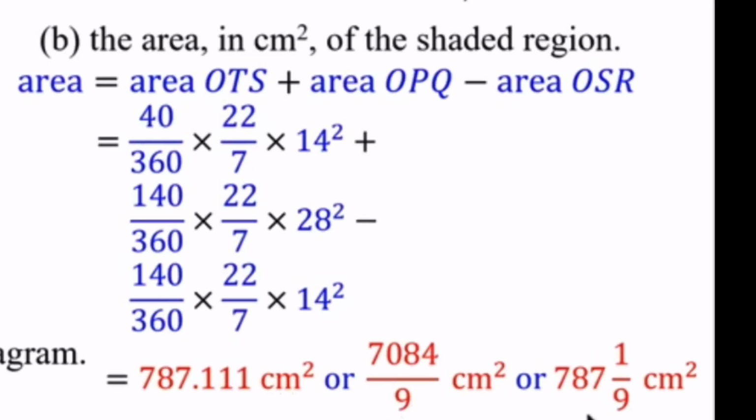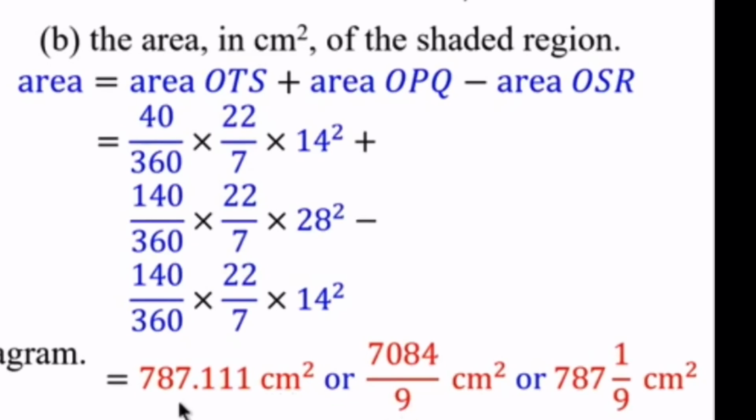So it's 40 over 360 times 22 over 7 times 14 squared. Make sure you double check your radius. And we have to plus the area of the bigger sector, which is 140 over 360 times 22 over 7 times 28 squared, okay?